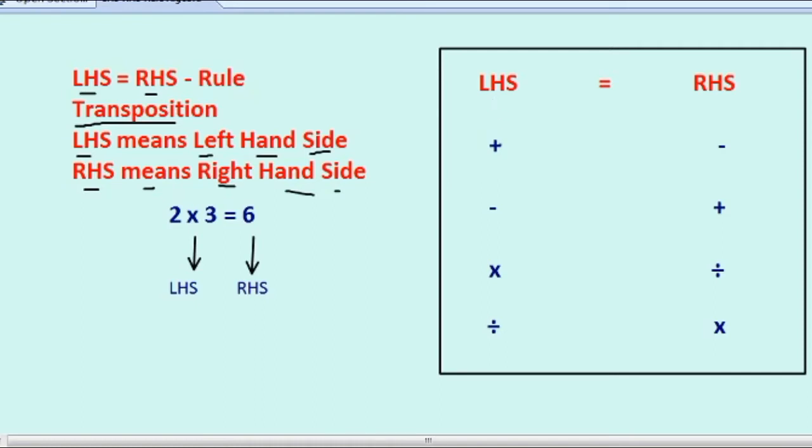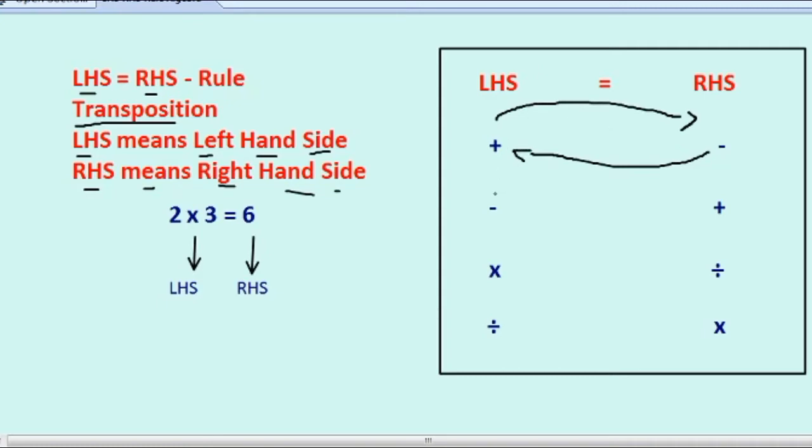If there is a positive number on the left hand side and it is transferred to the right hand side, then it becomes negative. If there is a negative sign on the right hand side and it is transferred to the left hand side, then it becomes positive.